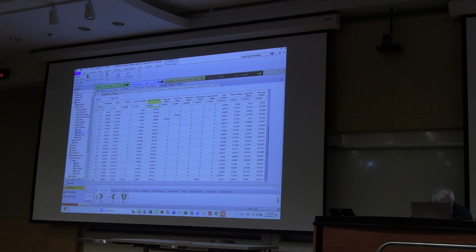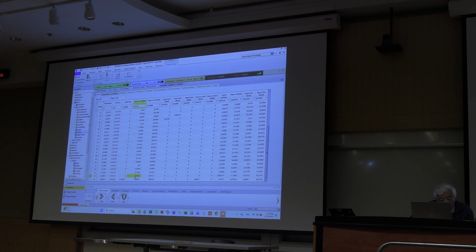State 35 is the reboiler. There's a liquid leaving state 34 at the bottom, entering state 35, the reboiler. What are the temperature, pressure, and flow rate of this liquid leaving state 34?